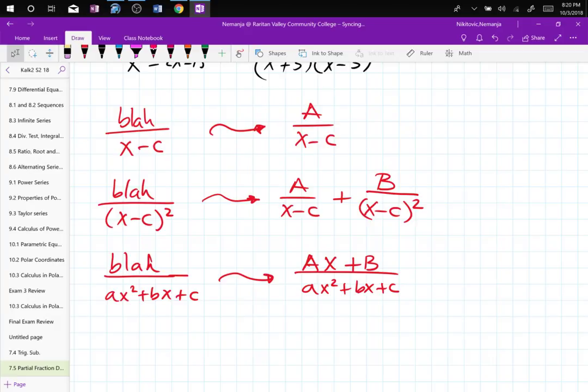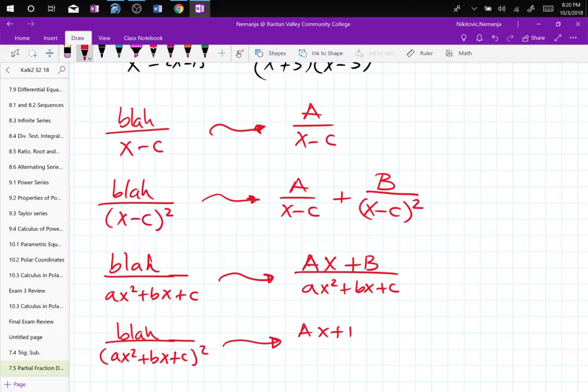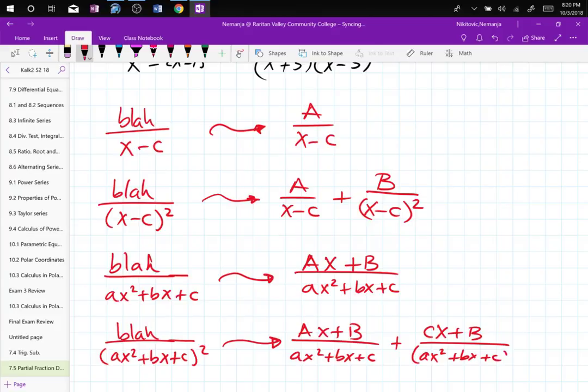Then you have to use this. And the final one is blah over a repeated quadratic, ax squared plus bx plus c, everything squared. It has the same form as above: Ax plus B over ax squared plus bx plus c, plus Cx plus D over ax squared plus bx plus c squared.